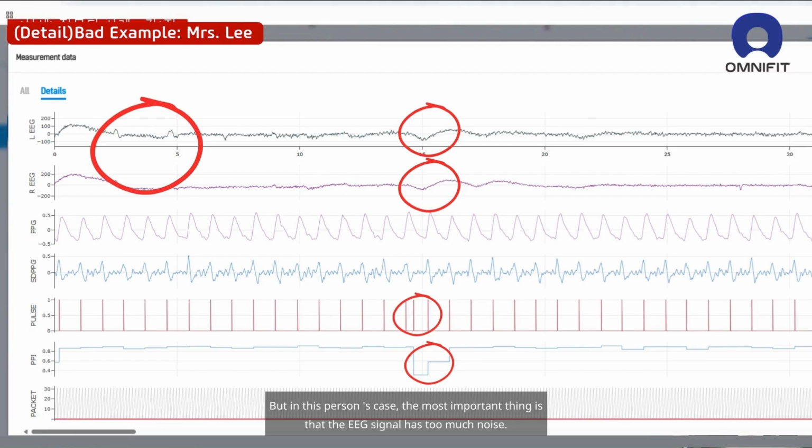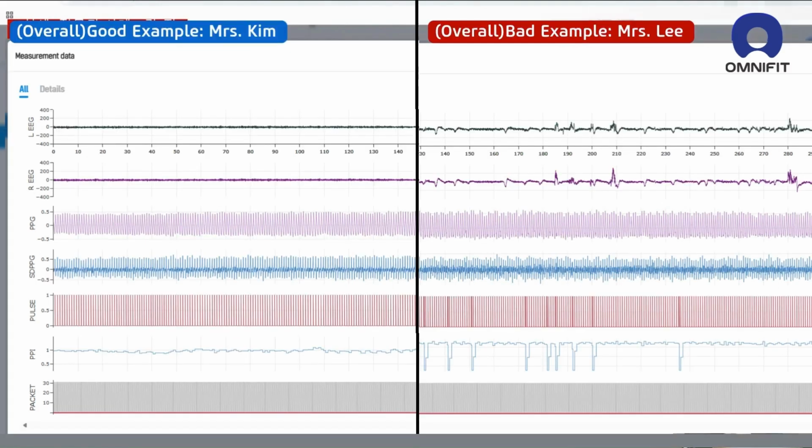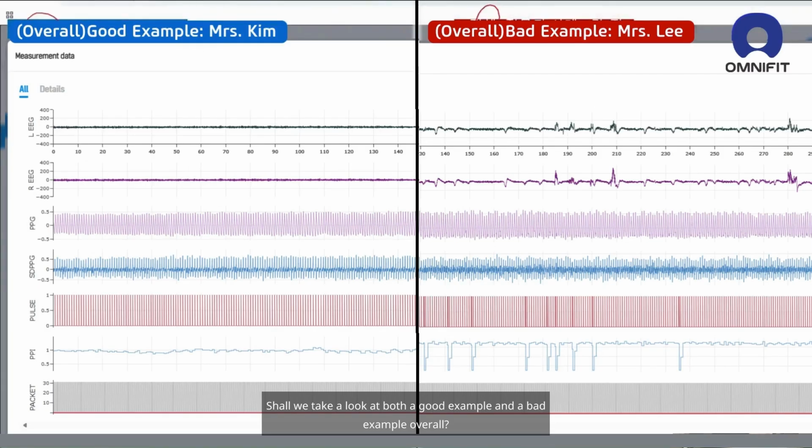But in this person's case, the most important thing is that the EEG signal has too much noise. So, you should definitely measure it again and then request an analysis. Also, when you get a result like this after measuring, you can just click Do Not Request Analysis or Do Not Analyze.